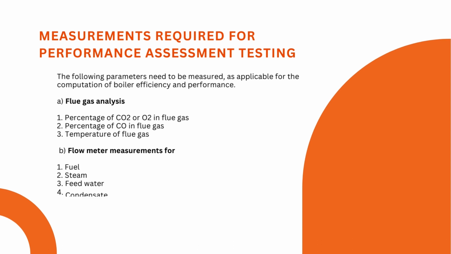A. Flue gas analysis, like percentage of CO2 and O2 in flue gas, percentage of carbon monoxide in flue gas, temperature of flue gas. B. Flow meter measurements for fuel, steam, feed water, condensate water, combustion air.